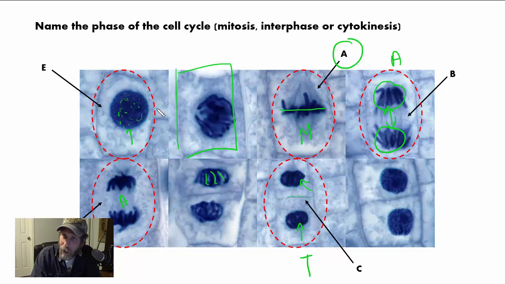Remember the name for that? Chromatin. So this is going to be a prophase. Either a prophase actually or an interphase, sorry. In fact, if push came to shove, I'm going to change my mind. I'm going to go with interphase here.